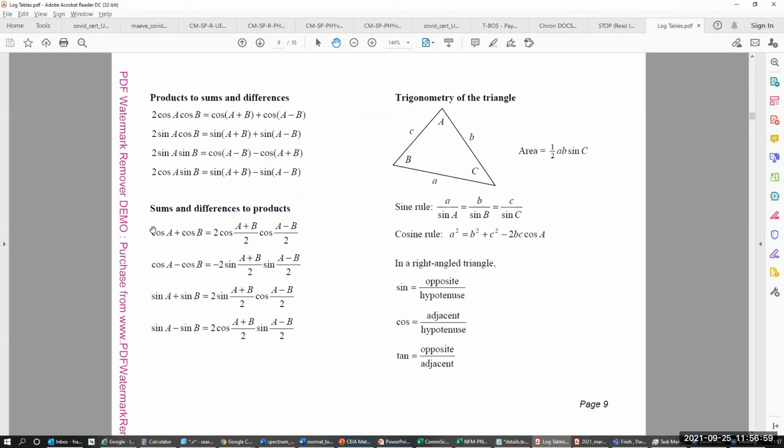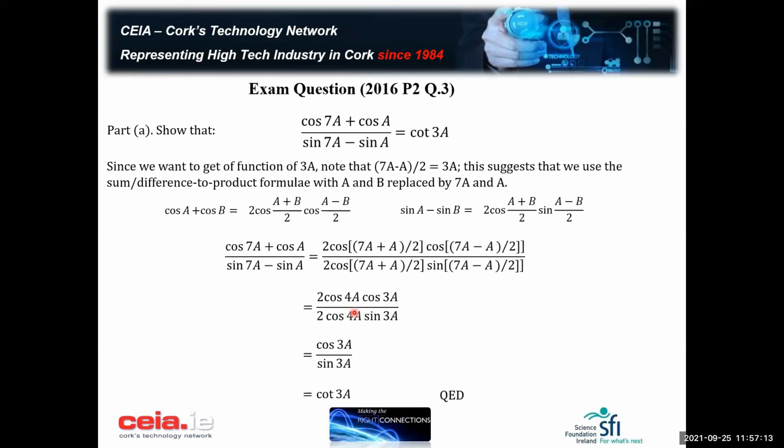So this formula and this formula are the ones you should use, but using 7a instead of a here, and using a instead of b here. Right, so that's the strategy. So use that formula from your log tables, the sum of cosines, replacing a and b with 7a and a respectively.